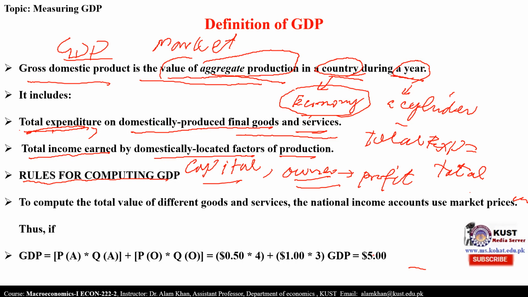in one particular economy, for simplicity, we are saying that there are two items, apple and the second item is orange.